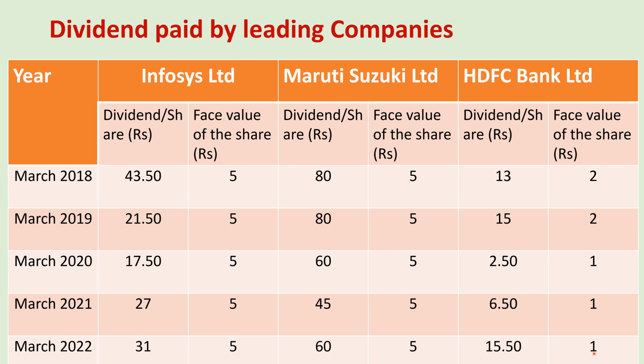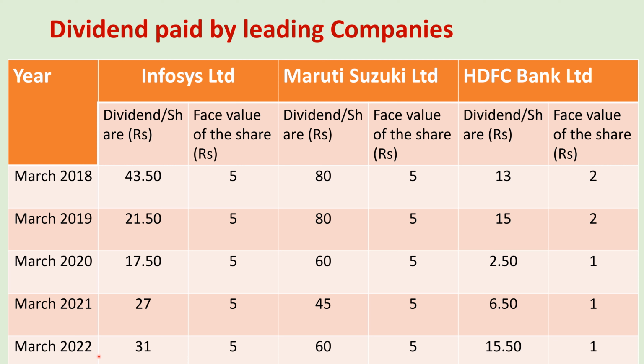Therefore, the dividend details paid by three companies, Infosys, Maruti Suzuki and HDFC Bank, over the 5 years period from March 2018 to 22 indicate that the dividend policy adopted by a well-established, professionally managed, highly stable, profitable company is also highly fluctuating.